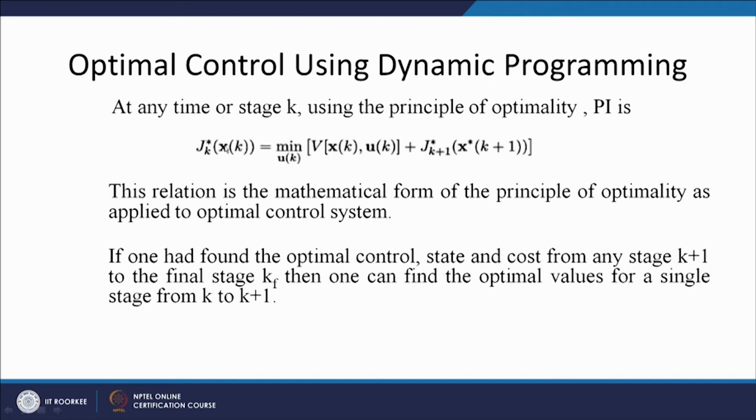So, at the point K, this is x of K, this is the optimal cost to transfer the state from xK to Kf, which is equal to minimum of UK, V xK UK, or J star K plus 1 x star of K plus 1.